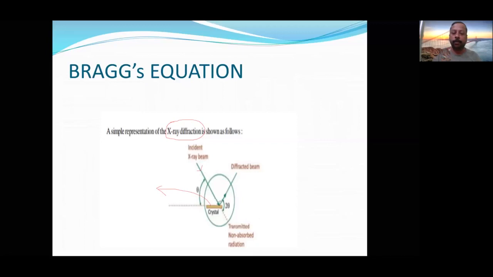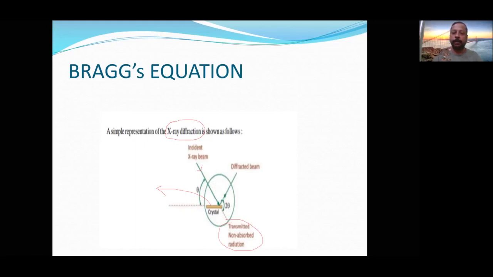It is allowed to fall on the crystal under study. If this crystal is not there, this is the direction of the transmitted radiation, the direction of passage in the absence of the crystal.